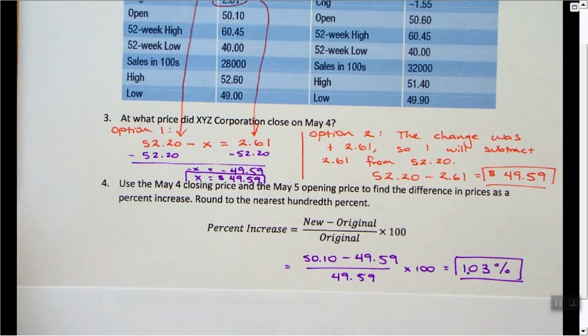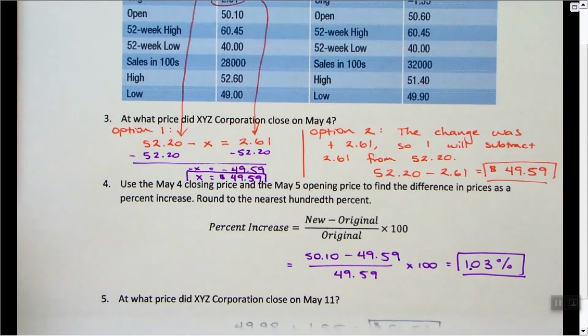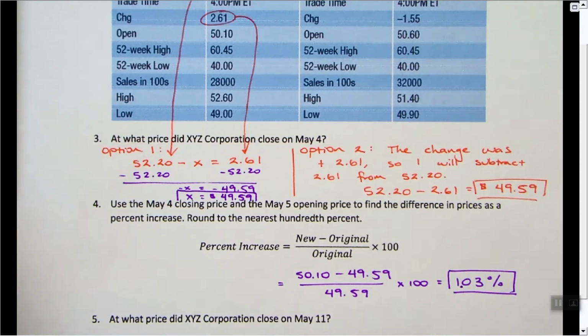Okay, there you go. So in number 5, you're asked at what price did XYZ Corporation close on May 11th? That's kind of like number 3. And then number 6 says, use the May 11th closing price, which you would find in number 5, and the May 12th opening price to represent the difference as a percent decrease.